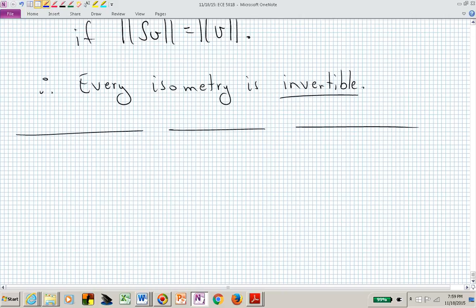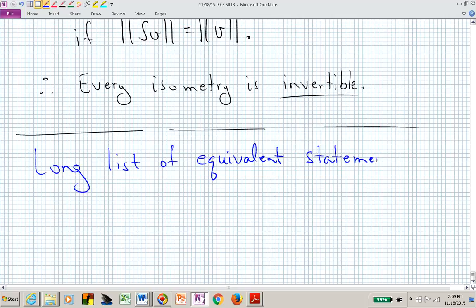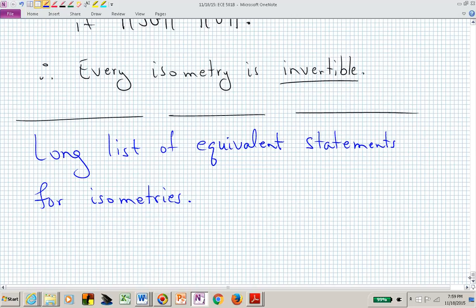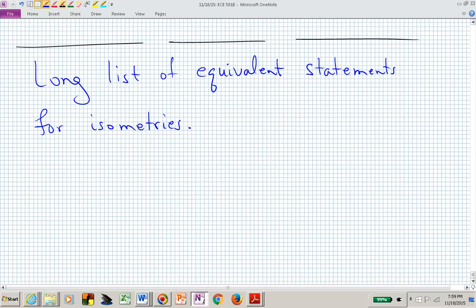Like we had for Theorem 7.27, we can actually create a long list of equivalent statements for isometries. And that's Theorem 7.36 in chapter 7.